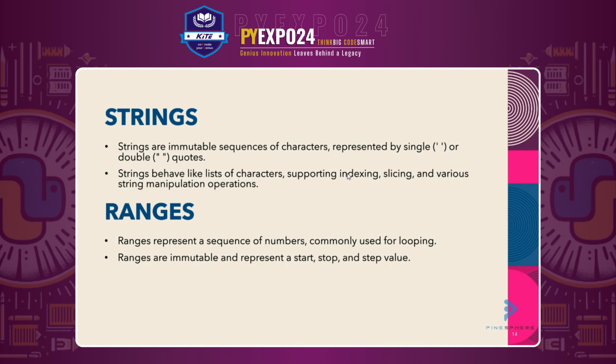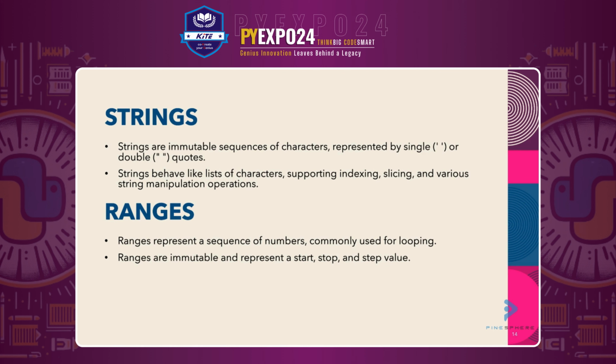Strings. Strings are immutable sequences of characters in Python, meaning once created, their contents cannot be changed. They are commonly used to represent textual data. Strings are represented by single or double quotes.